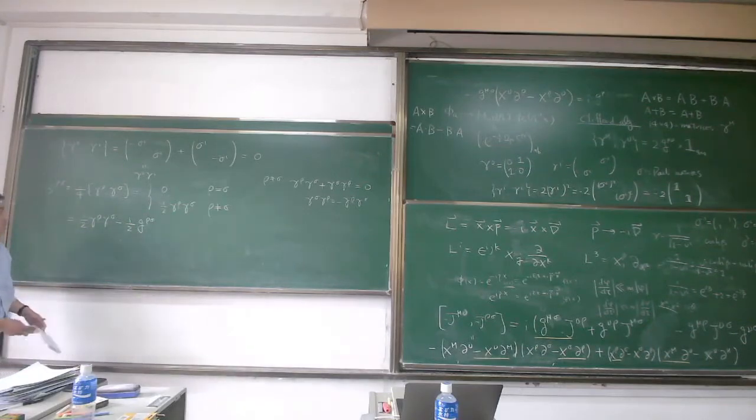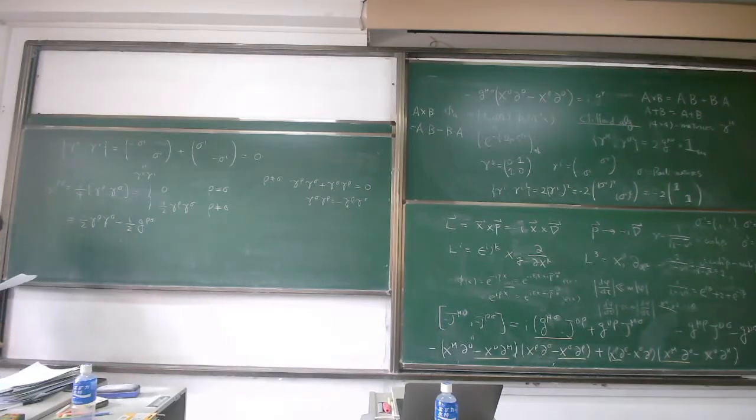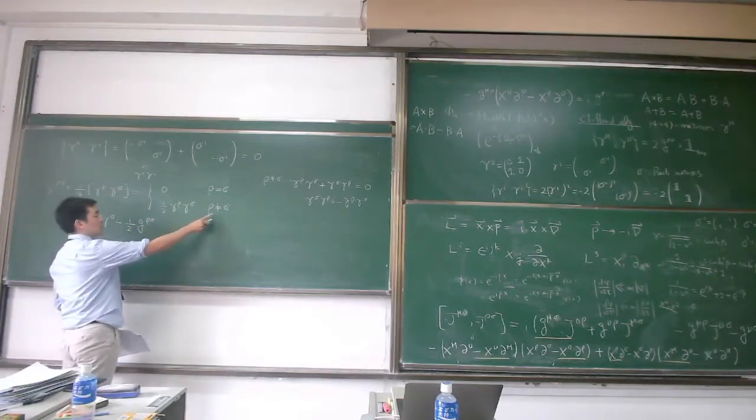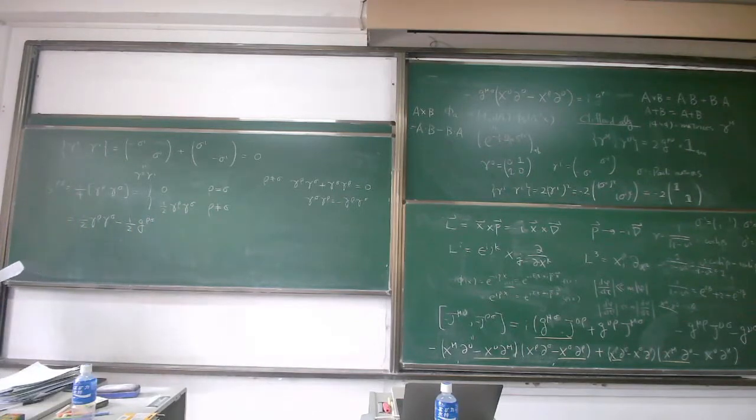Okay? So therefore, if you take 1 over 2, you cancel each other. On the other hand, if rho is not equal to sigma, this is 0. This is 0, so it just nails it. Okay.